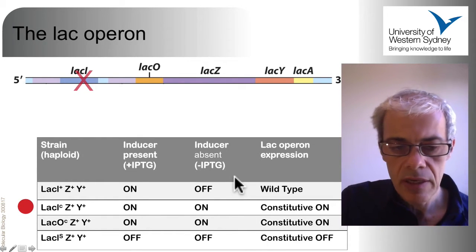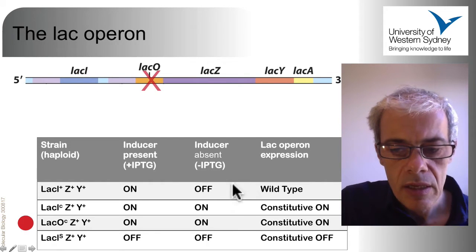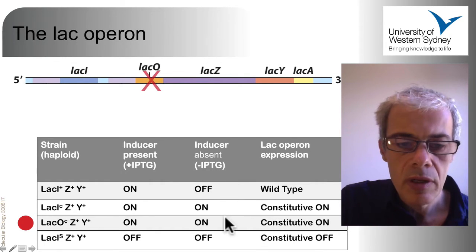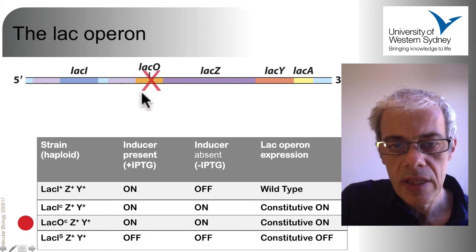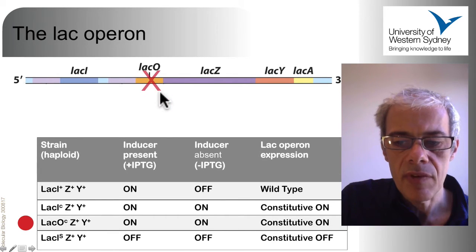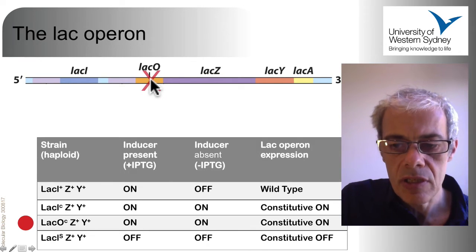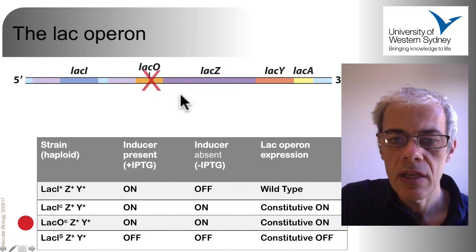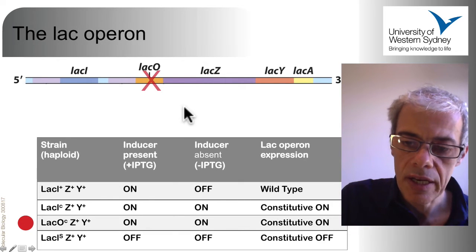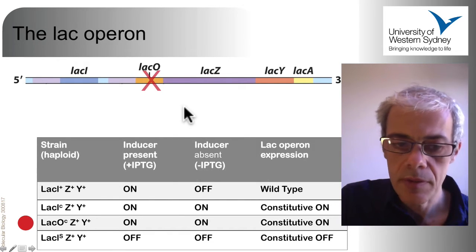They also identified another constitutively on mutation, and this one was in the LAC-O. So in the LAC-O region, they identified a mutant that was constitutively on in the absence of IPTG, the XGAL was cleaved into a blue product.